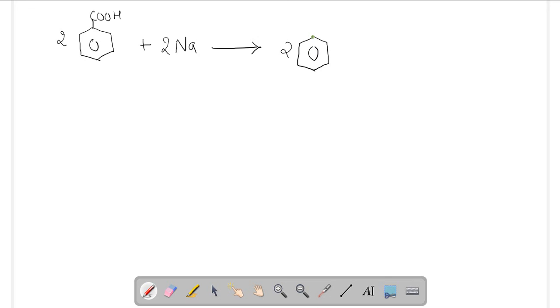Okay, the formation of sodium benzoate will take place with the releasing of H2 gas. Okay, sodium benzoate. This is your benzoic acid. Benzoic acid.